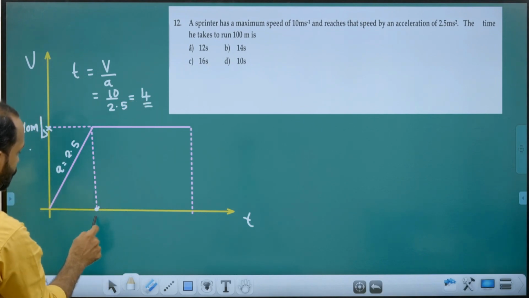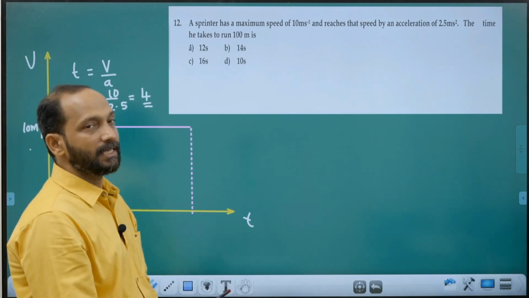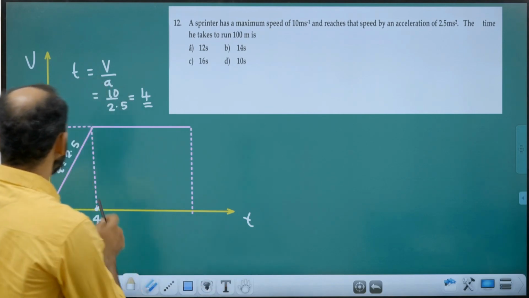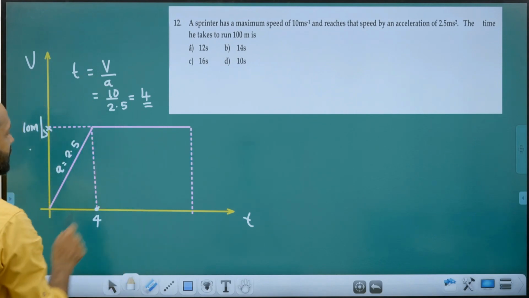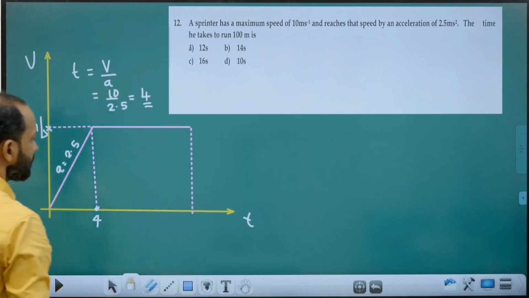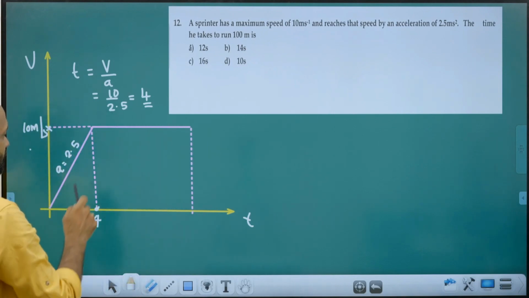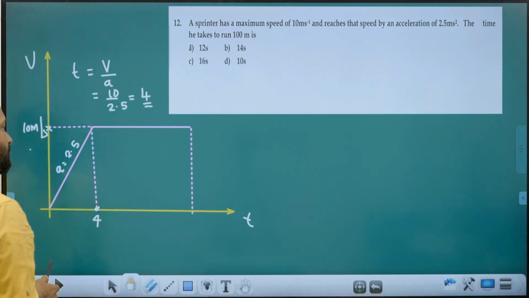So it accelerates at a constant rate for 4 seconds. Afterwards, it maintains the constant speed of 10 meters per second. Now, what is the total distance traveled? That is 100 meters.